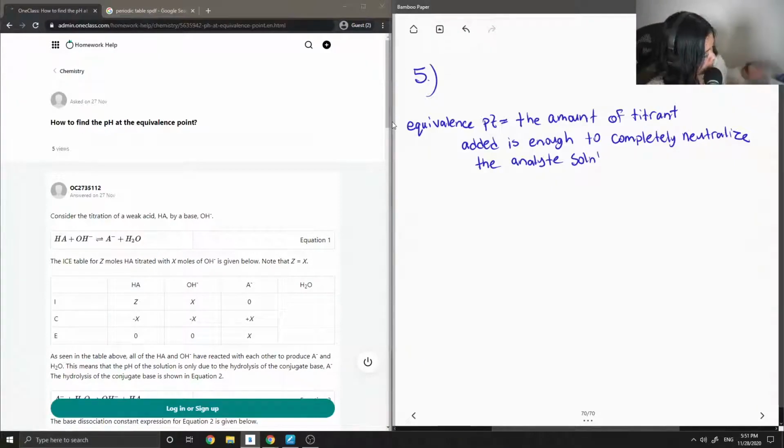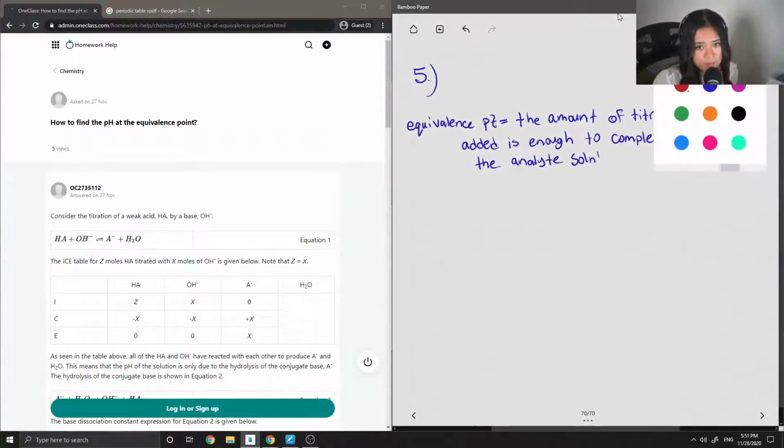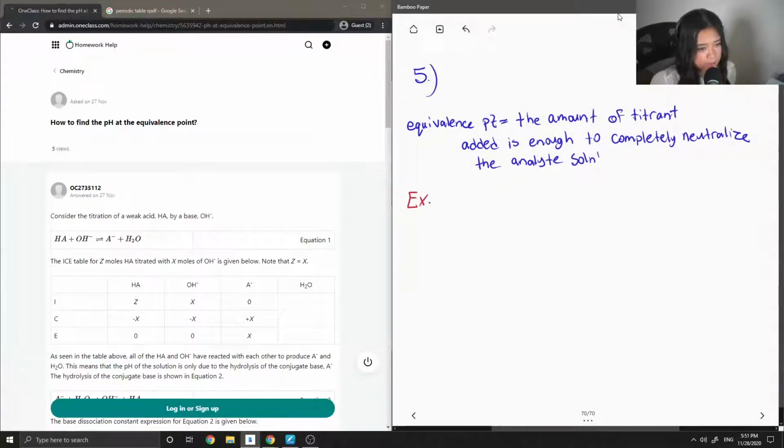Okay, so I'm just going to give an example. If you have a strong acid, let's call it HA, that completely dissociates into its ions H plus and A minus.